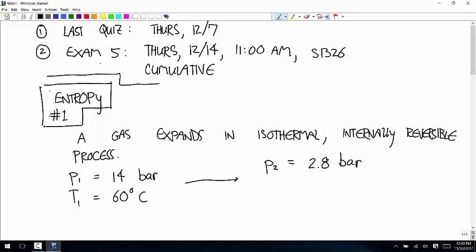How do we know the temperature there? What are we going to have to do to calculate that? Isothermal, right? So this word allows us to calculate that T2 is also 60.